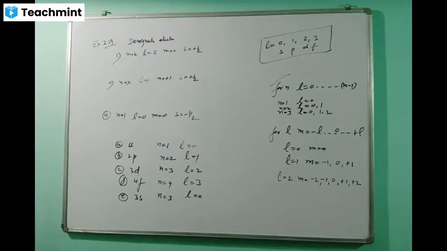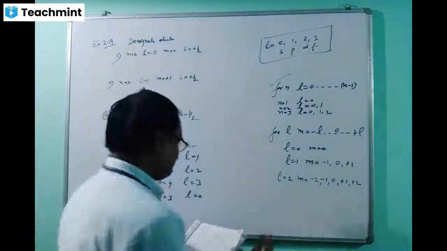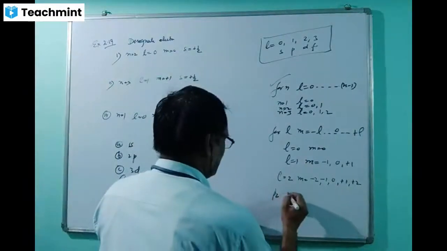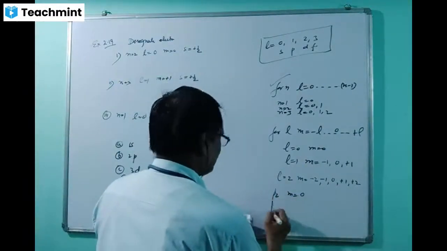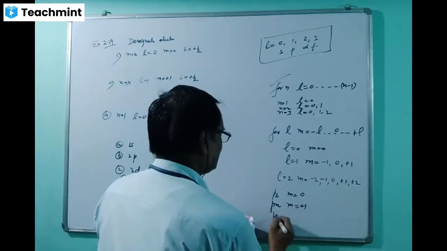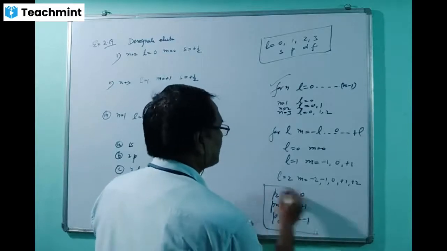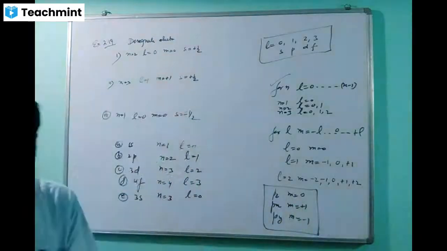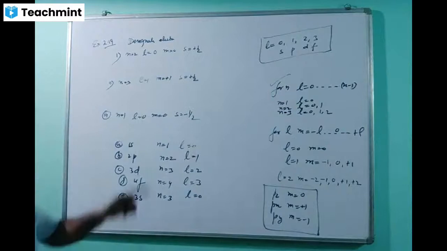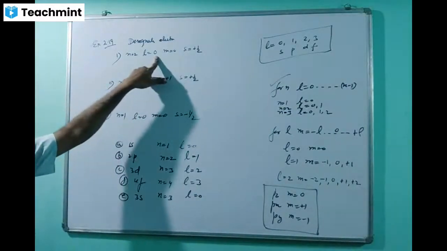So yesterday I have given you one piece of information. You must have written that for pz, M is equal to 0, for px, M is equal to plus 1, and for py, M is minus 1. This information I will use here. So all of you look here. N is equal to 2 and L is equal to 0.